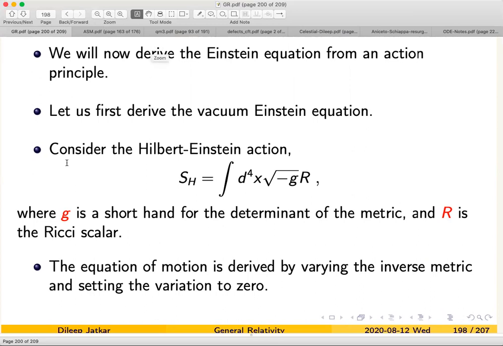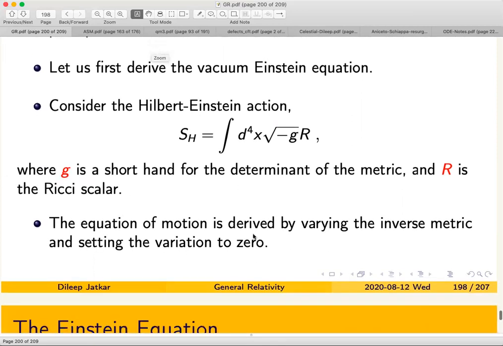It's the Hilbert-Einstein action, which is the integral d4x root of minus the determinant of g times the Ricci scalar. We want to use this action to derive the vacuum Einstein equation.